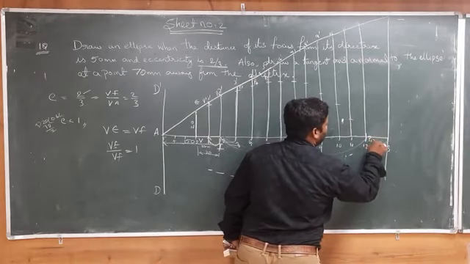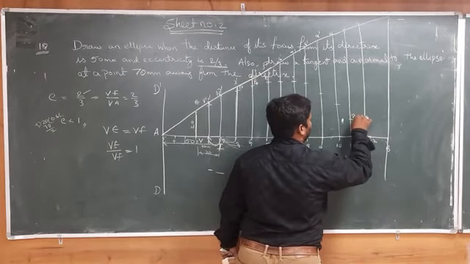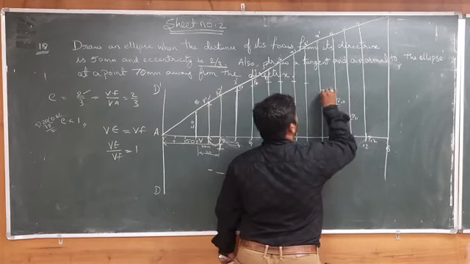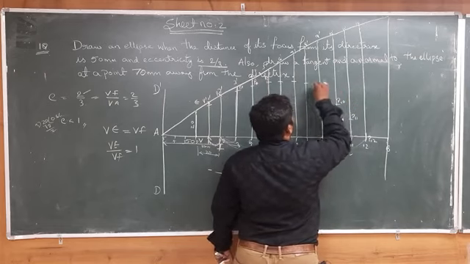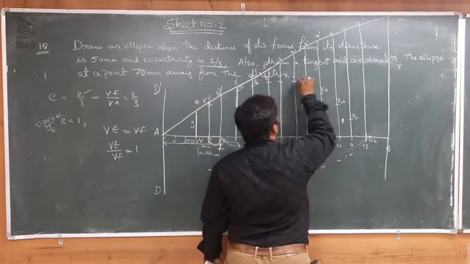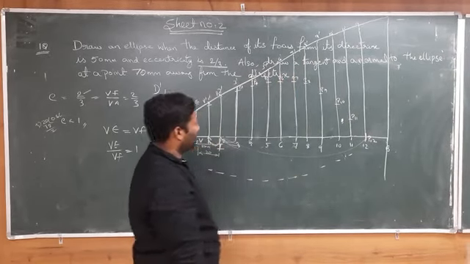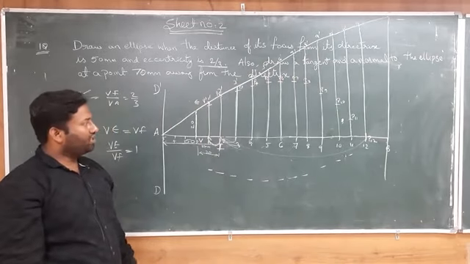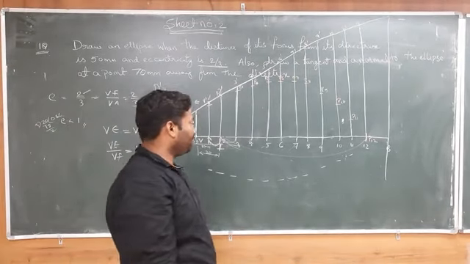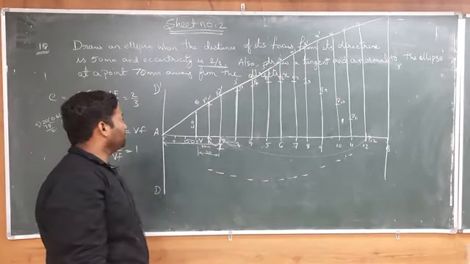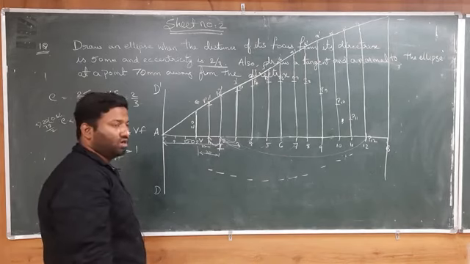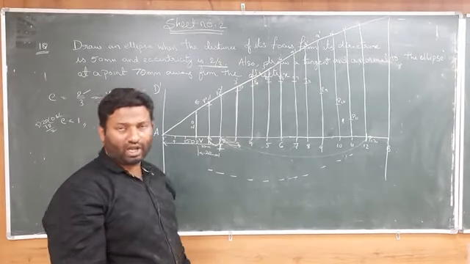This is our P12. In this way, after getting the P12 point, we have to draw the curve by using our free hand.